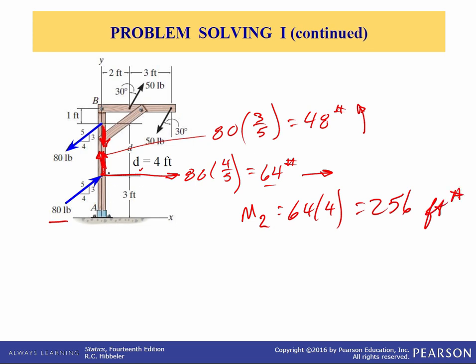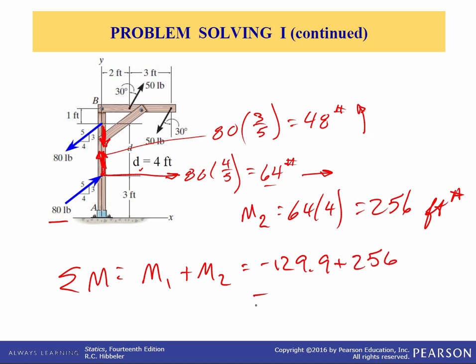Which way is it turning? It tends to want to go counterclockwise, so it's positive. So the total moment is just moment 1 plus moment 2, which is minus 129.9 plus 256. That equals 126 foot-pounds. It's positive, so it's counterclockwise.